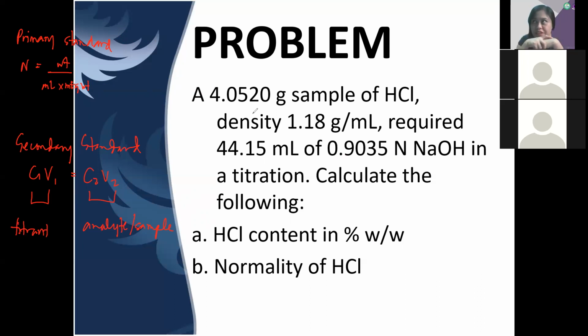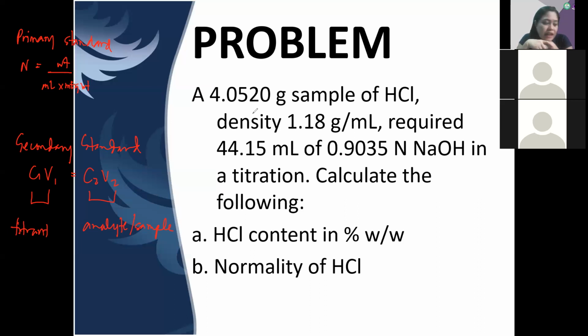So just like when you are going to assay sodium hydroxide, tapos gagamit ka ng potassium acid phthalate, that's a primary standard kasi potassium acid phthalate is a solid substance.